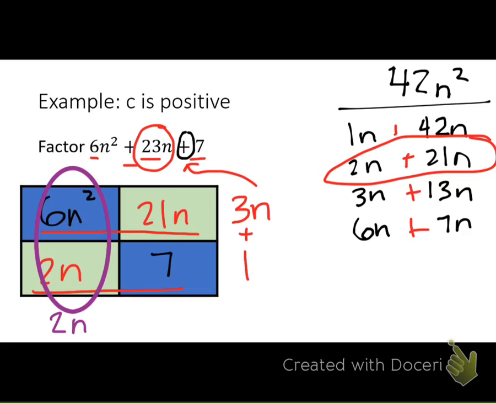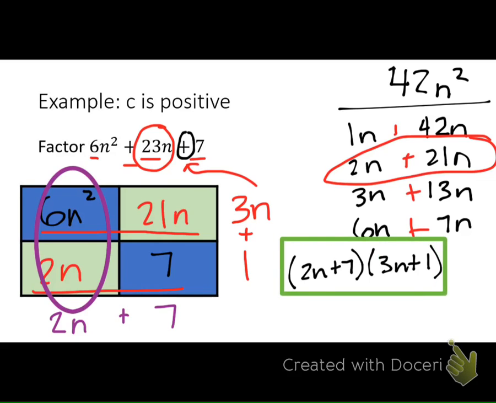And then I have 21n and 7, which shares 7, and because we already talked about how both of my signs were positive, my final polynomial is going to be 2n plus 7 and 3n plus 1. And so that is going to be my answer.